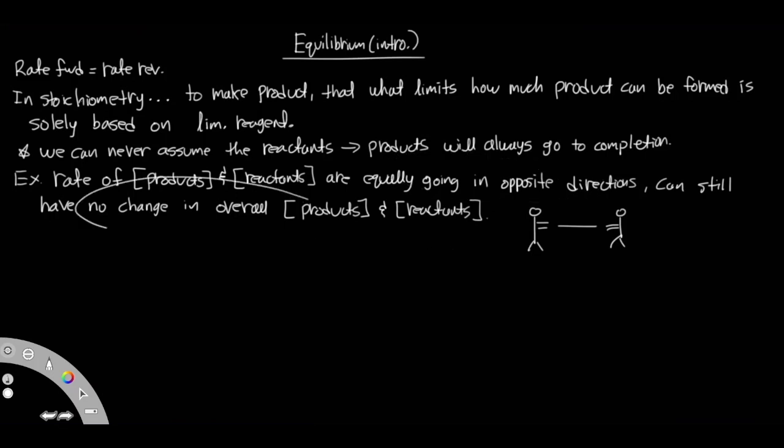However, there is no overall change in these products or the reactants. Now, this person over here could pull it a little bit more to the right initially at the beginning. Let's say they have a better base of support, or their reflex is a little bit faster after the referee said go. So it pulls a little bit more to the right initially.